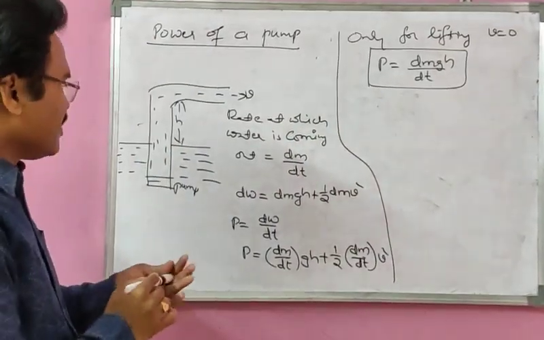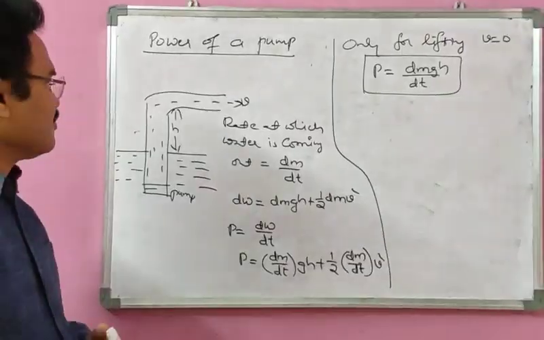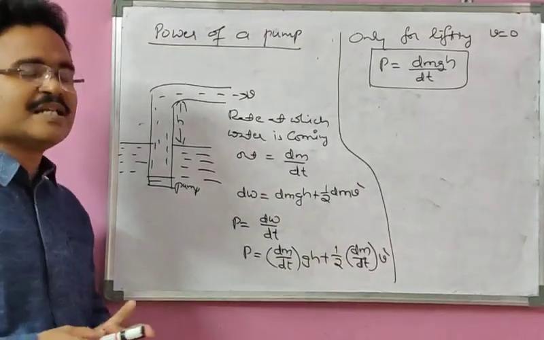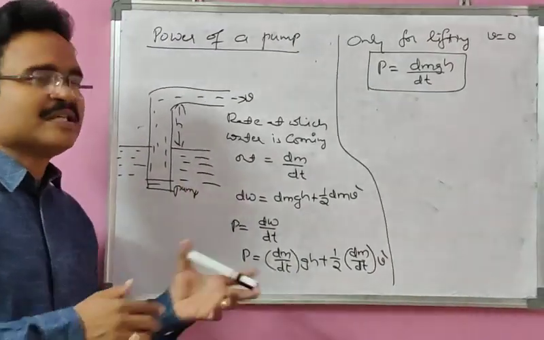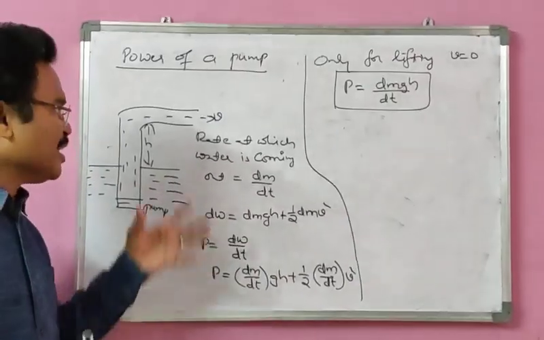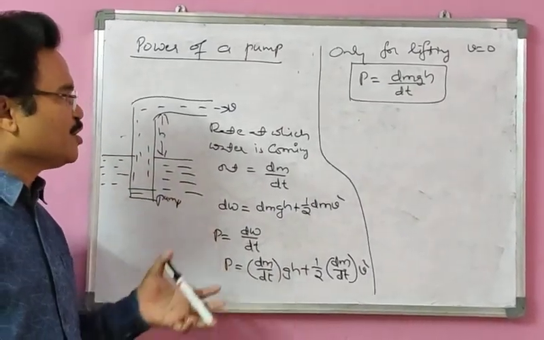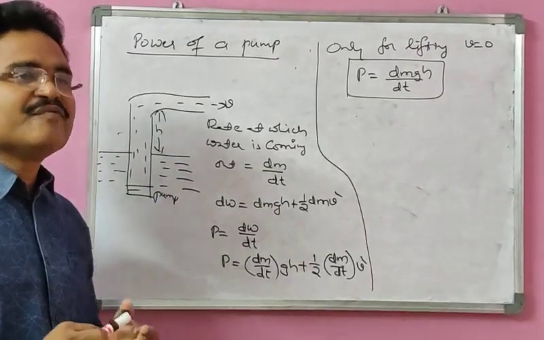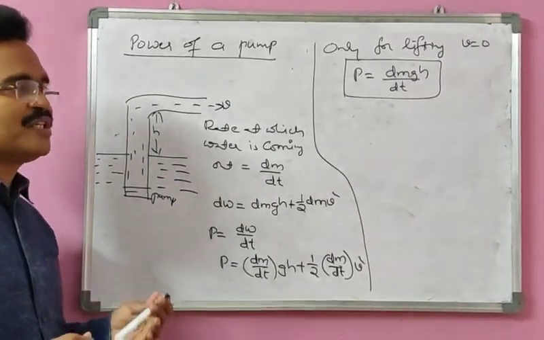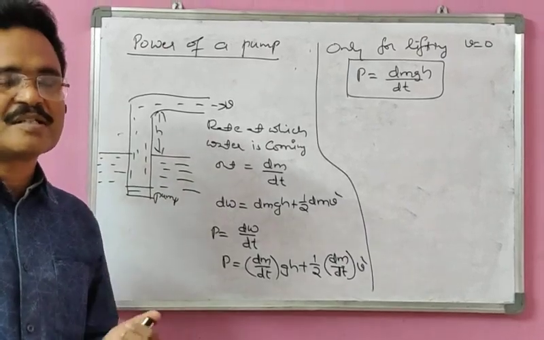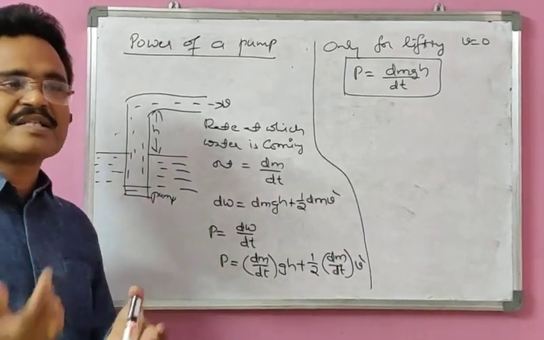Now, normally the pumps or motors generally use electricity to run. That means they consume electrical power and do some mechanical work. So here we are going to calculate the efficiency of this pump. Efficiency means how much power it is consuming and how much power it is delivering.